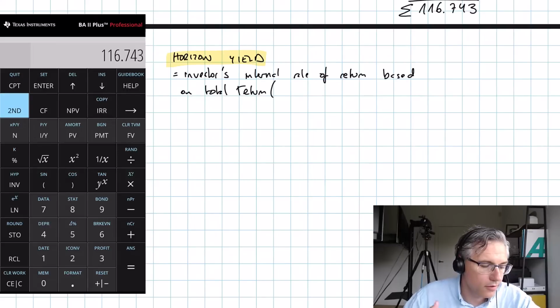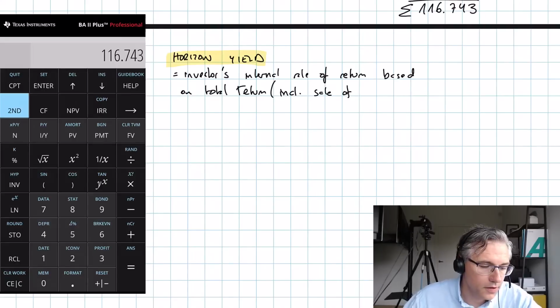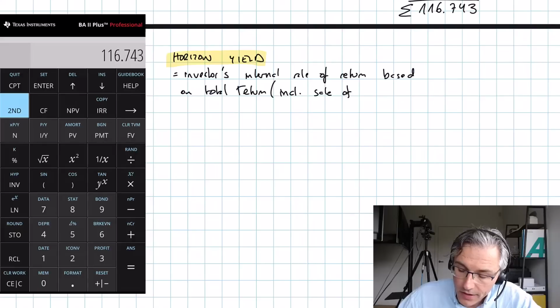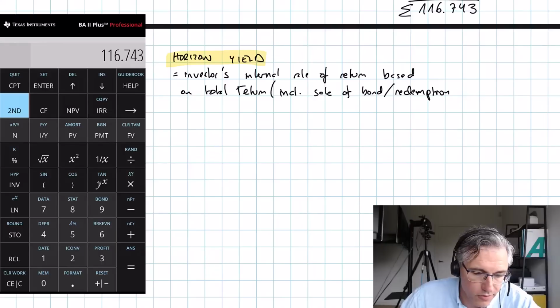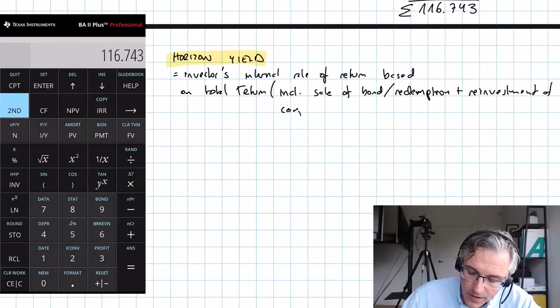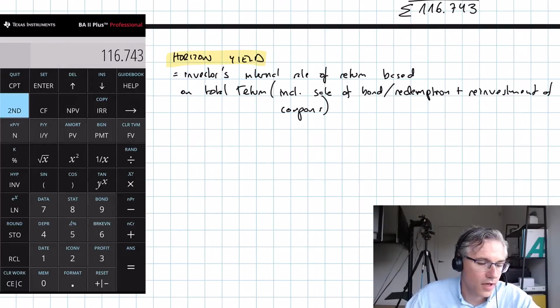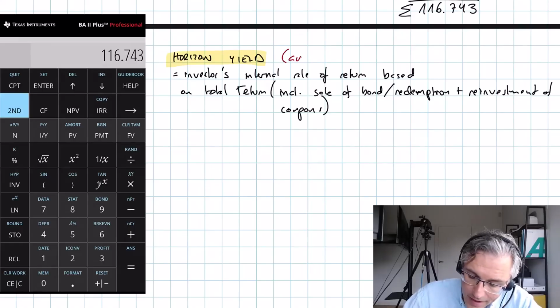So that includes the sale of the bond, or perhaps its redemption if you hold it until maturity, but also the reinvestment of coupons, any intermittent cash flows. And that horizon yield is going to be always annualized.